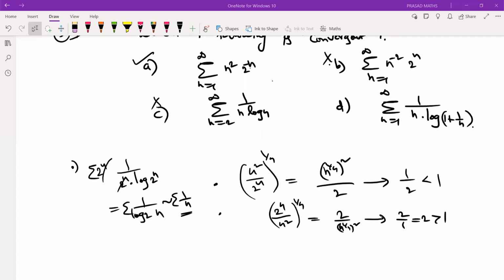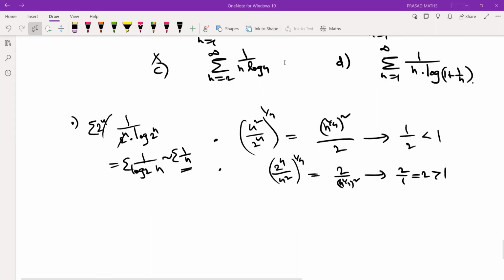Yeah. Comparison test, what do you compare with? Yeah. Limit is actually not 0. That's right. So Mamata said limit is not 0. Why? Why is limit not 0?